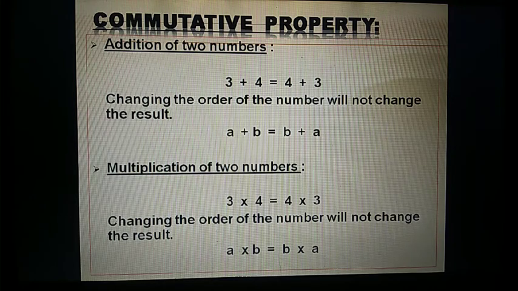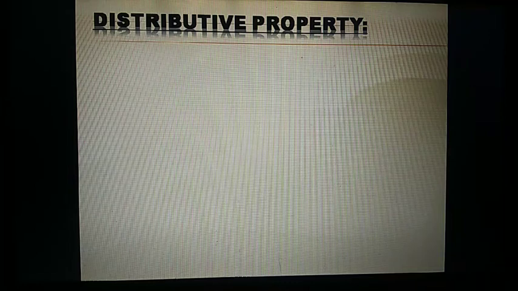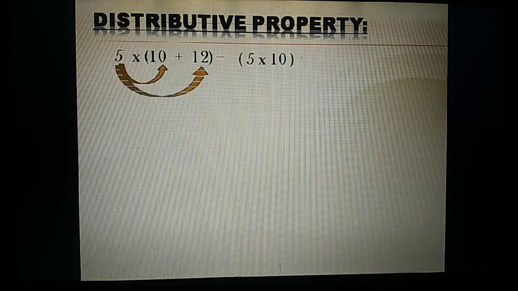Next property is the distributive property. Here 5 we are supposed to multiply to 10 plus 12. Opening the bracket means multiplying 5 to both the terms individually. Here, if we want to express the same in a general way, as there are three values, we will use three variables.